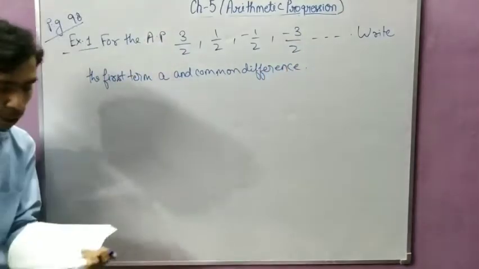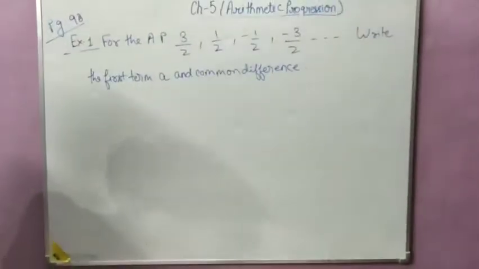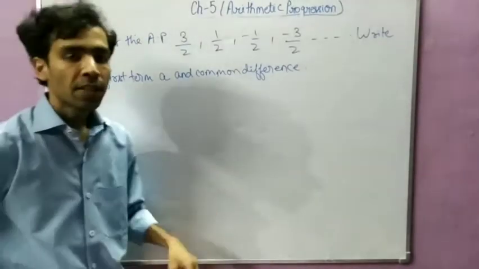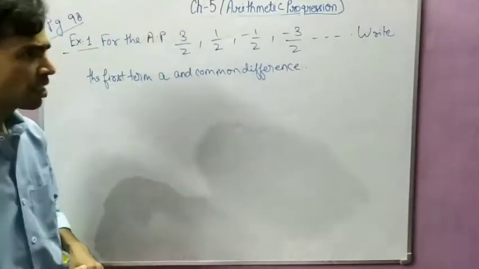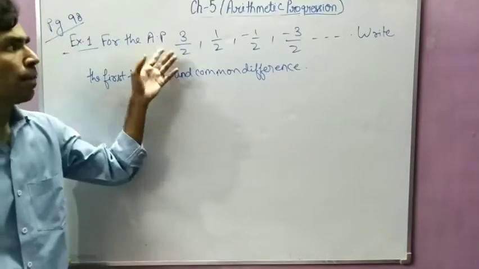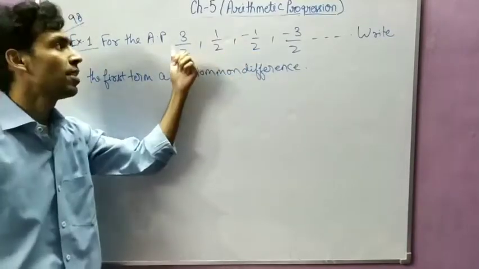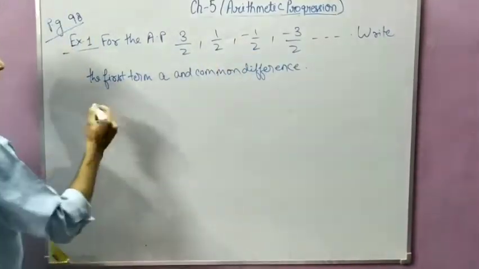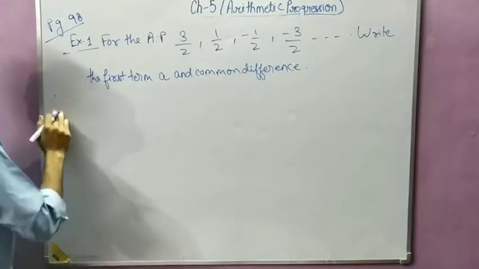This is the question, and the AP is given. You have to write the first term and its common difference. The first term, by seeing it only we can say, is 3/2. So the value of a will be equal to 3 by 2.